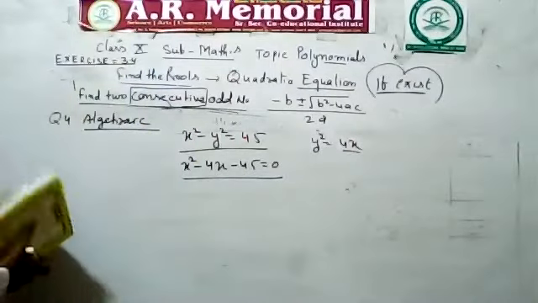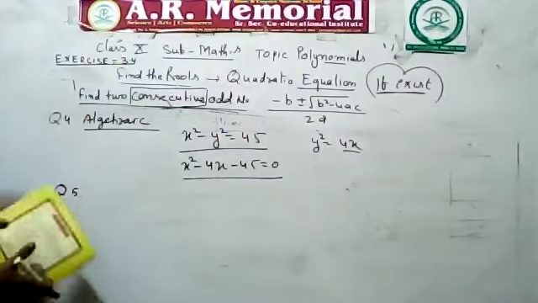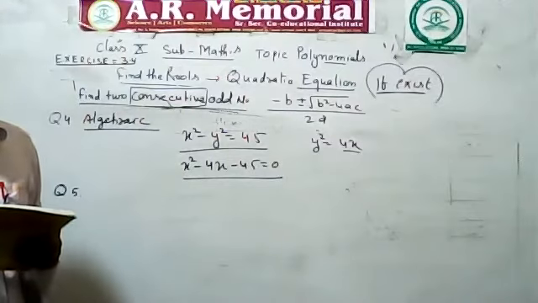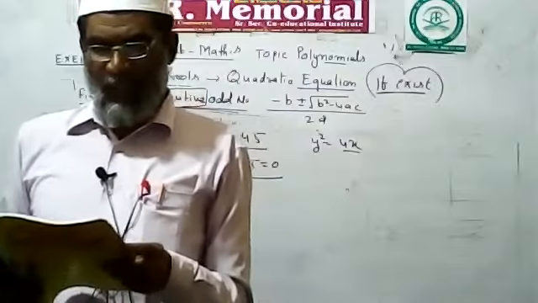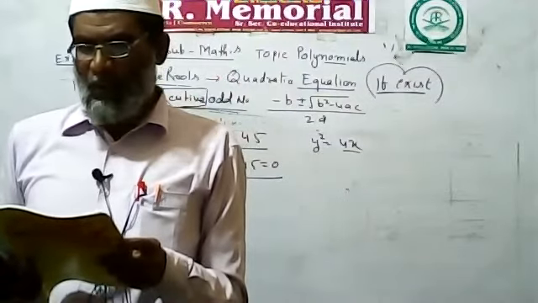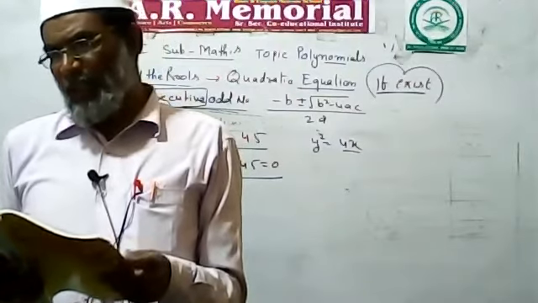Now question number 5. Divide 16 into 2 parts. The language is tough. Read with me. Divide 16 into 2 parts such that 2 times the square of the larger part is 160 more than the smaller.